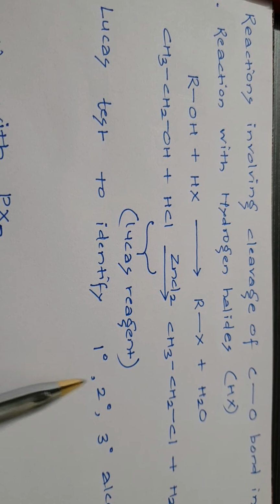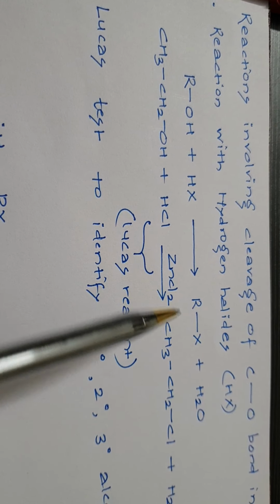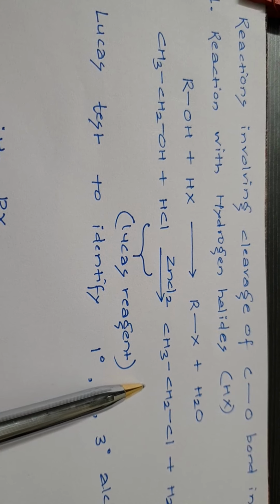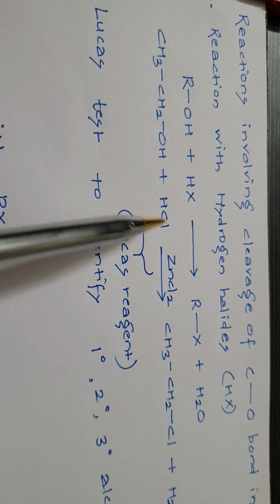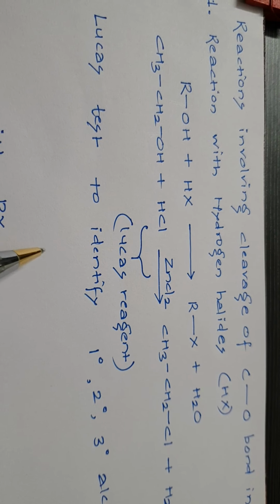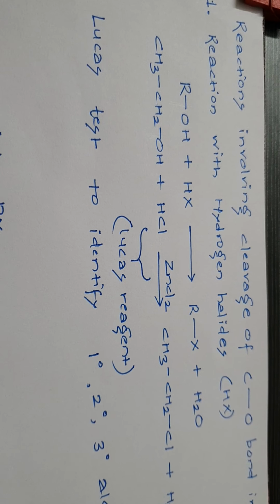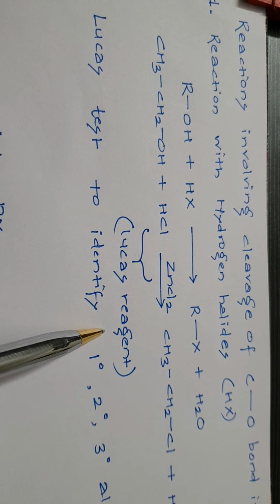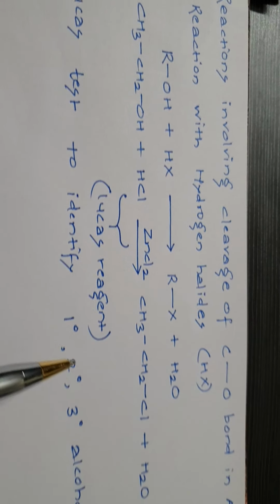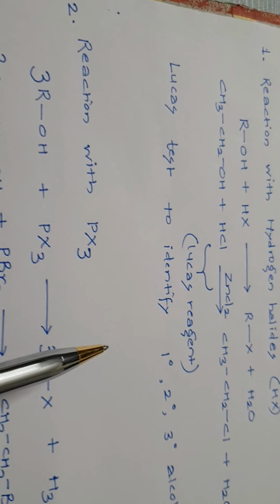Thus, it is a secondary alcohol, and primary alcohol will form a haloalkane, that is, turbidity will occur, only by carrying out the reaction at a higher, raised temperature. So, this is the reaction which is undergone by alcohol with a Lucas reagent, which is also used as a Lucas test to identify between primary, secondary and tertiary alcohol.